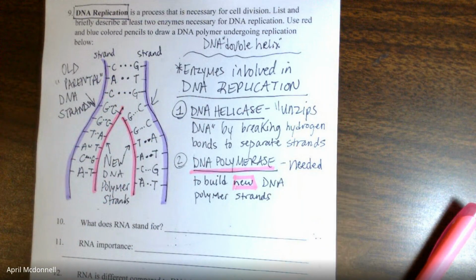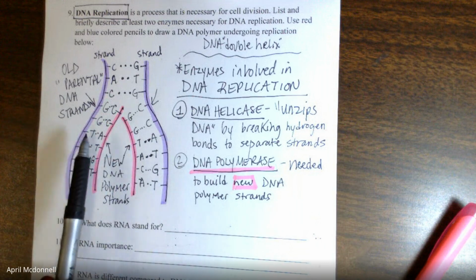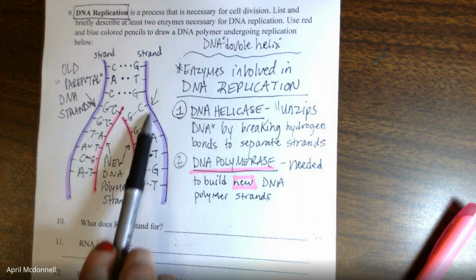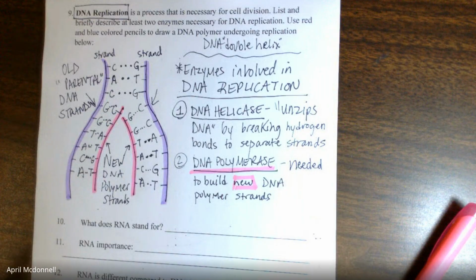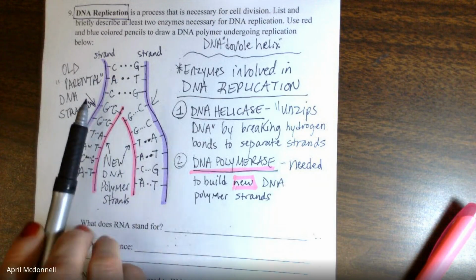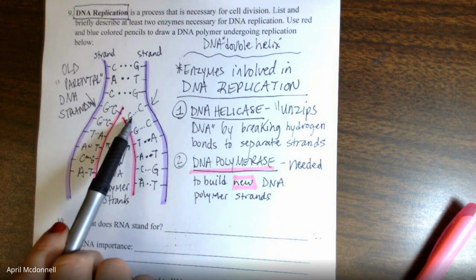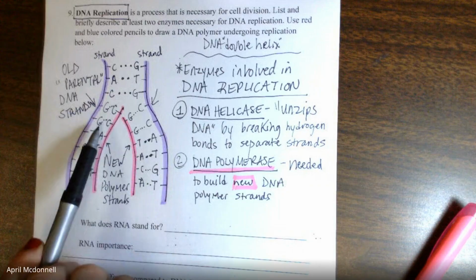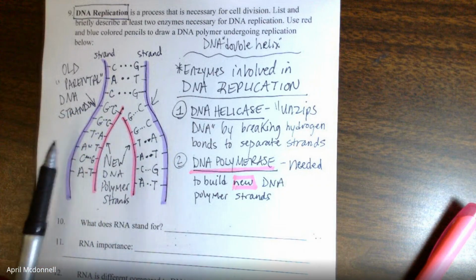So I want you to take a moment and look at the 2 molecules of DNA, this molecule compared to this molecule, to go ahead and determine if they are genetically identical. And by identical, I mean that they have the same exact base sequence. So if we look at the first one, GC, we are the same on this side, GC, GC, GC.